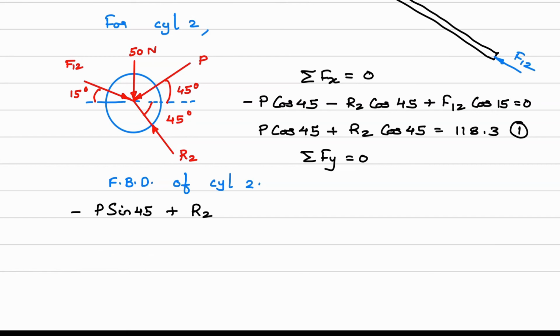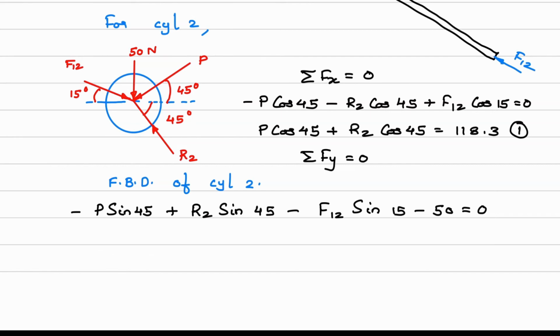R2 sine 45. Next, if you see, we have completed R2 and we have F1 to 2. Okay, now here F1 to 2 y component will be in downward direction. Okay, so it will be minus F1 to 2, it will be cos or sine? Angle is with respect to x axis. Okay, so we have to consider sine component over here. So sine 15. And last, don't forget the weight, it is minus 50 equal to 0.